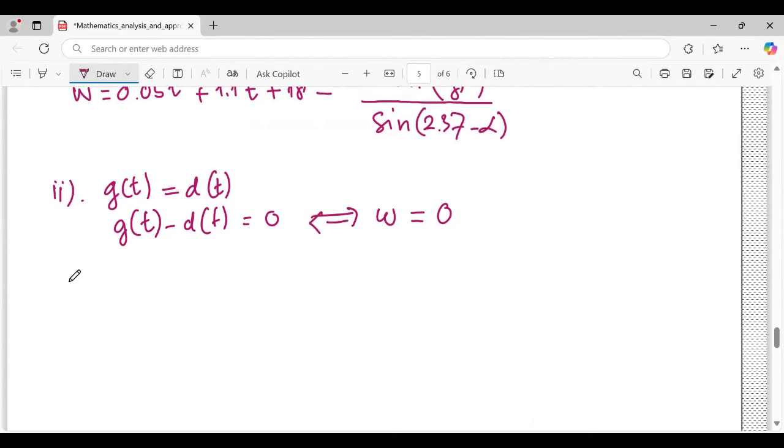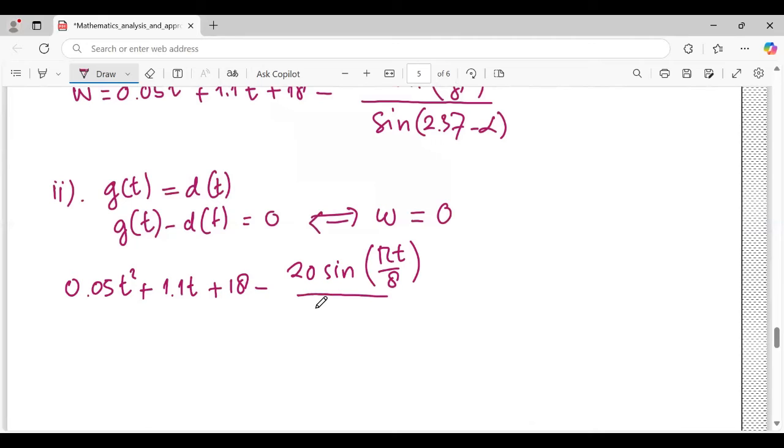So 0.05 t squared plus 1.1 t plus 18 minus 20 sine pi t over 8 over sine 2.37 minus alpha equals 0.